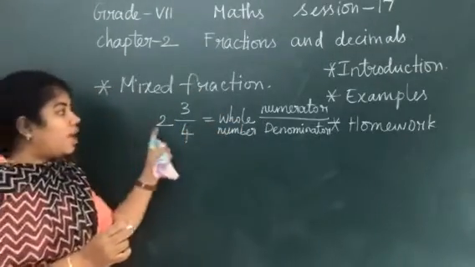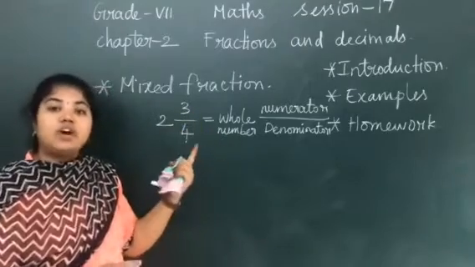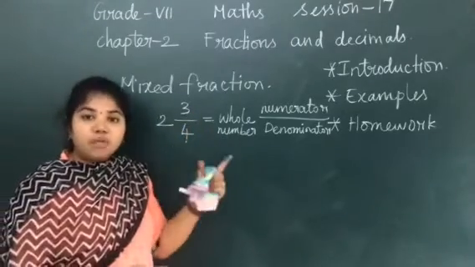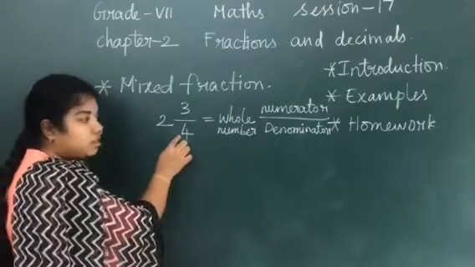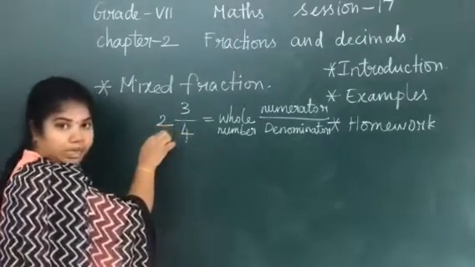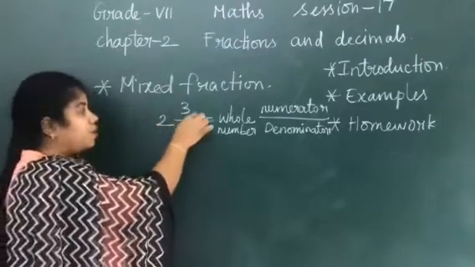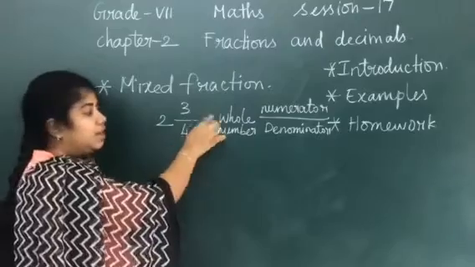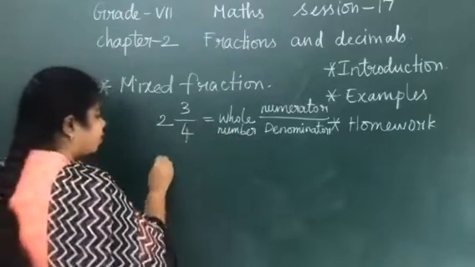Now I have to convert this mixed fraction to an improper fraction. What is an improper fraction? My numerator will be greater than the denominator. Now this denominator should be multiplied by the whole number first. Then that product should be added to the numerator, divided by the denominator. That is the conversion of a mixed fraction to an improper fraction.